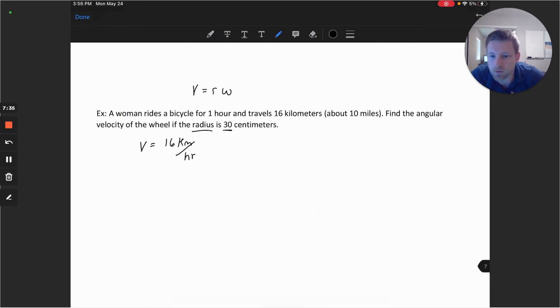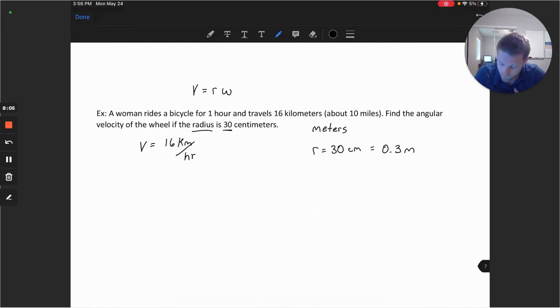One thing we could do is just convert both of these to meters. So we can work in meters. And so we know that the radius here is 30 centimeters. Another way to write that is 0.3 meters. That's the equivalent conversion to meters.